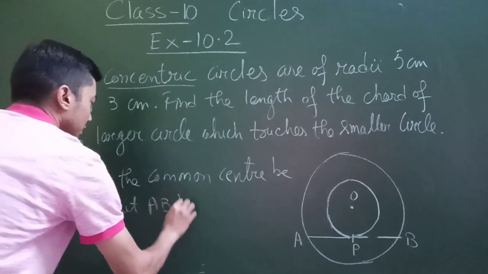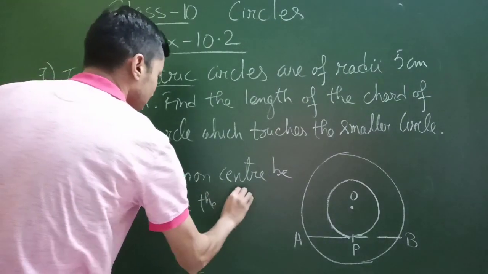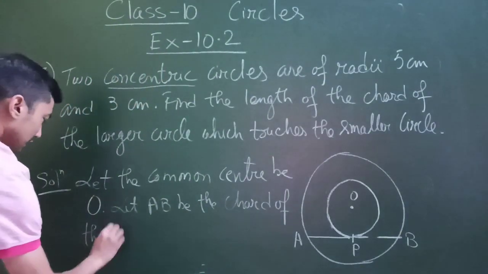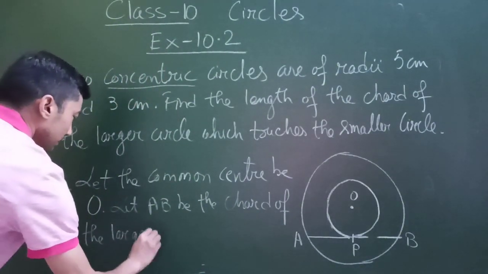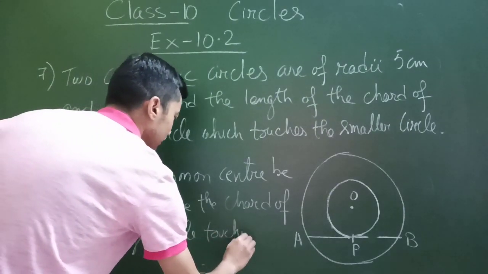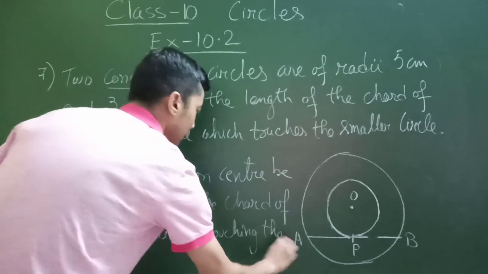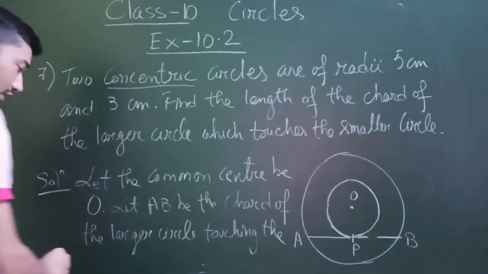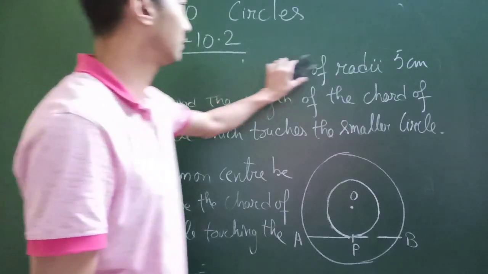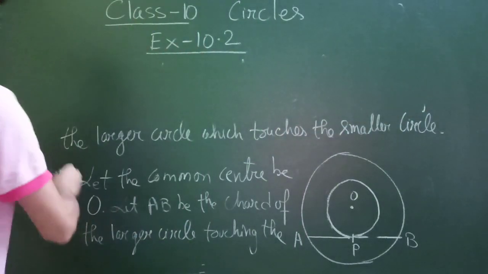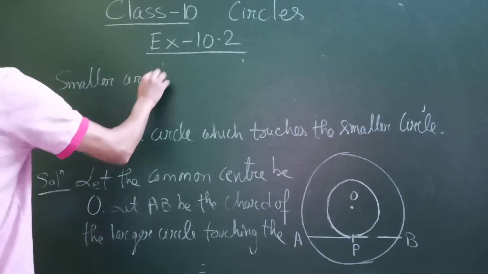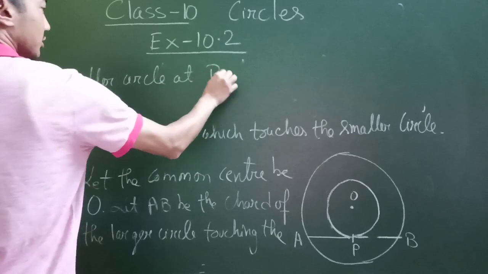Let AB be the chord of the larger circle touching the smaller circle at P. I think you have written down the question.